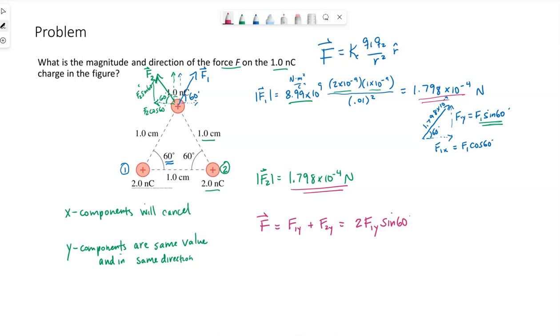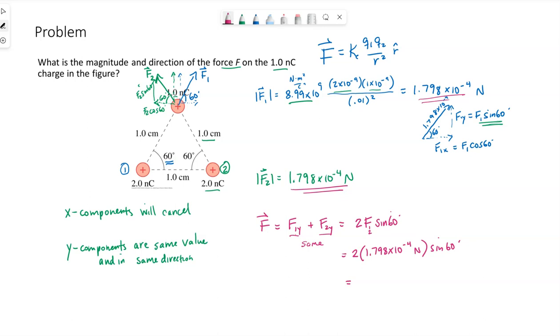So whether I have F1y or F2y here doesn't matter, because these oh, just kidding, sorry. Let me fix that. 2F1 or F2 times the sine of 60, because these y components are the same. So 2 times this magnitude times the sine of 60 is going to give us the overall magnitude of the force. So times 2 times the sine of 60.